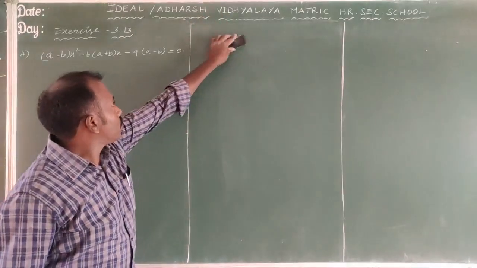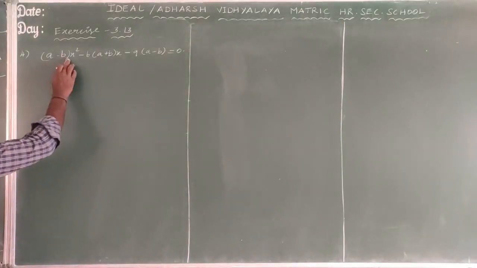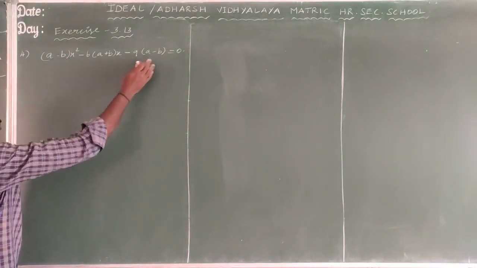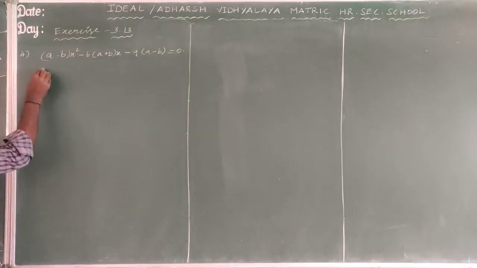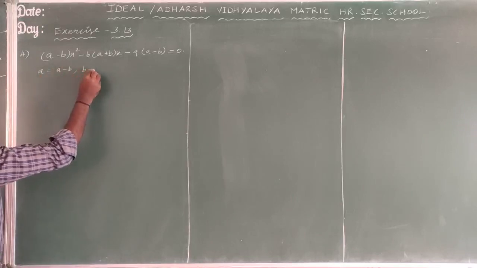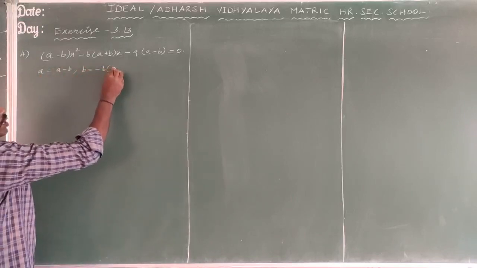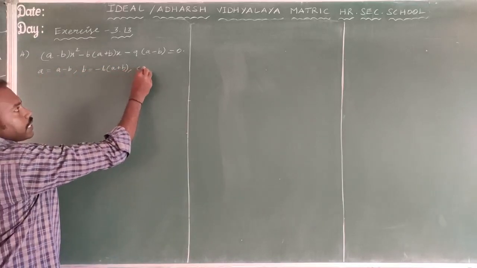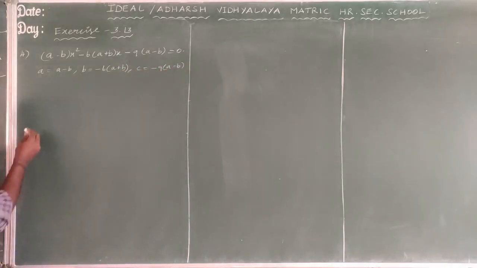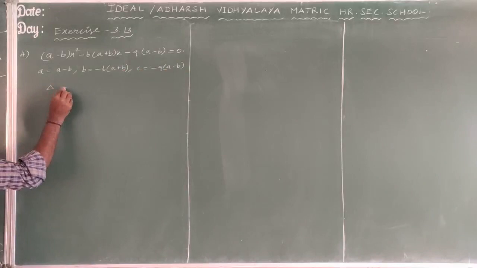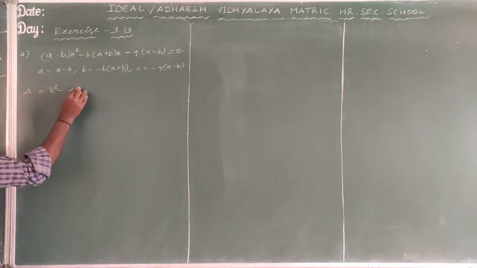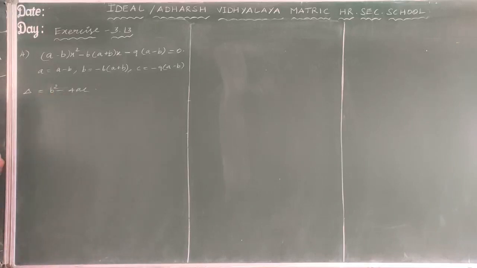So here a minus b into x square minus 6 into a plus b into x minus 9 into a minus b is equal to 0. Here a is equal to a minus b, b is equal to minus 6 into a plus b, and c is equal to minus 9 into a minus b. Here the discriminant is equal to b square minus 4ac, that is the formula.